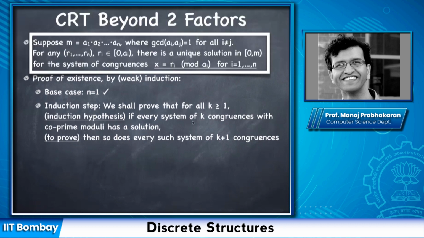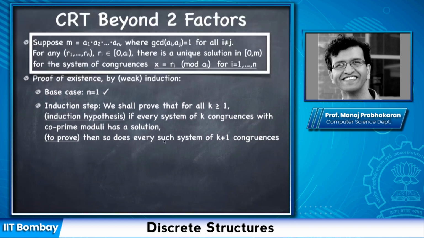Okay, so here the case where I'm making the induction hypothesis for when k equal to 1, my hypothesis here is that every system of 1 congruence has a solution, and that was indeed my base case. So now suppose for some arbitrary k greater than or equal to 1, this is the case that up to k congruences, the systems have solutions.